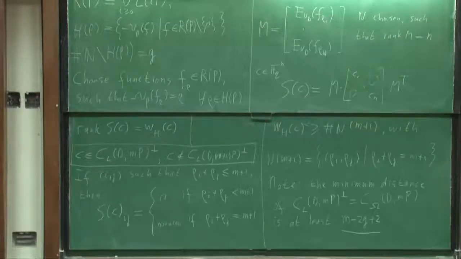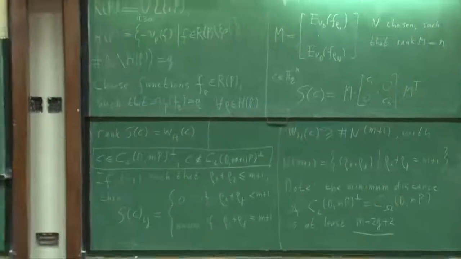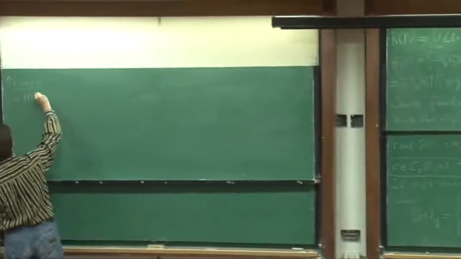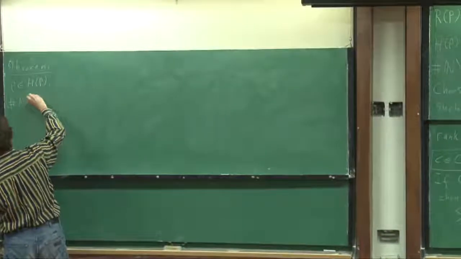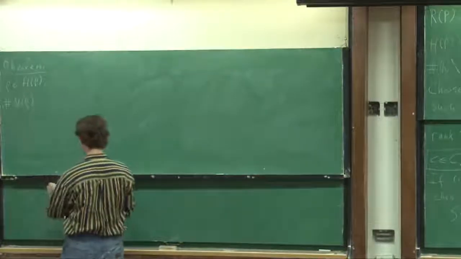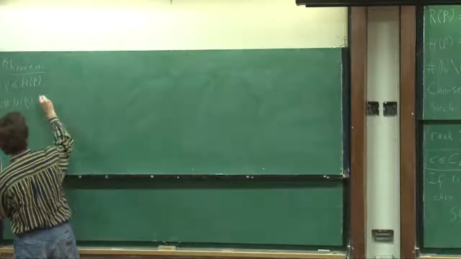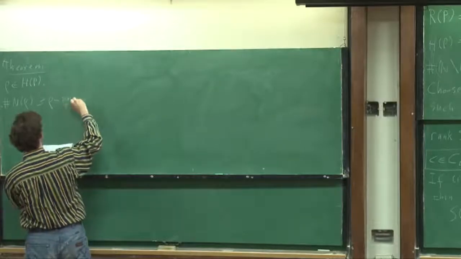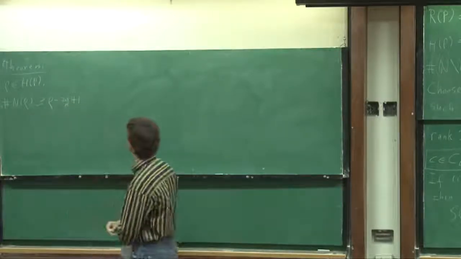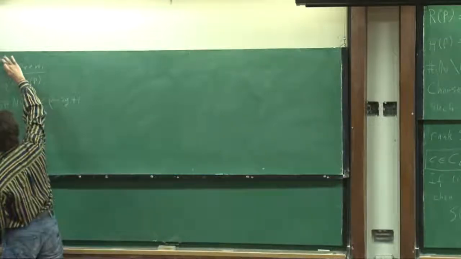It's the following result, a theorem or lemma maybe, I don't know. If we pick an element rho from the semigroup, and we are interested in the cardinality of this set, then this is going to be at least rho minus 2g plus 1. That is the result I will show.